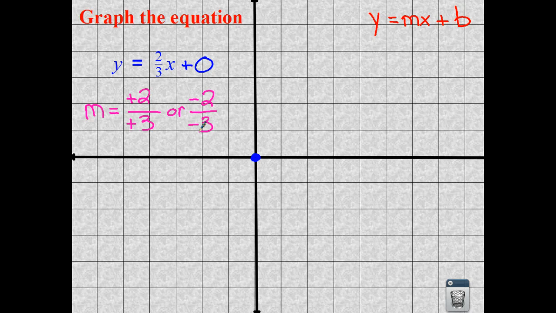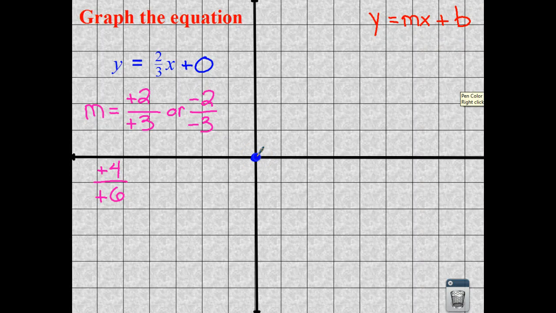And you could go on and on. If you want to have another equivalent fraction, how about 4/6? And if you reduce that, you'd get positive 2/3.